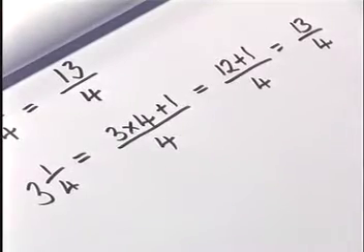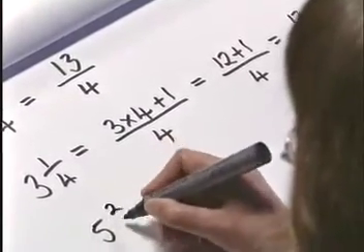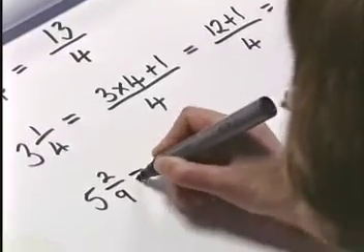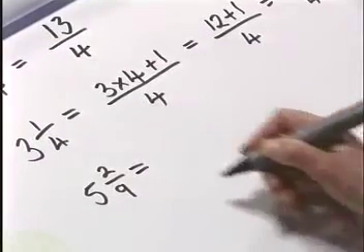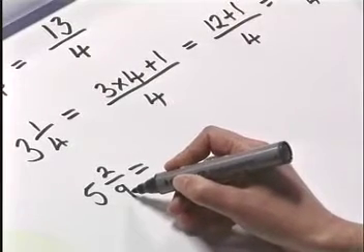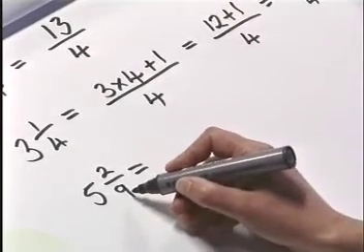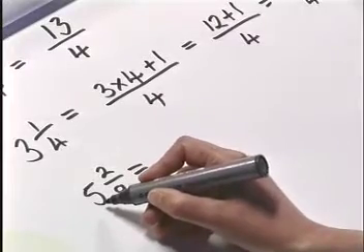Let's have a look at one more example. Let's say we've got 5 2/9. We want to turn it into this format, 9ths. Well, if we want to take a whole one, we need 9 9ths. And we've got 5 whole ones.